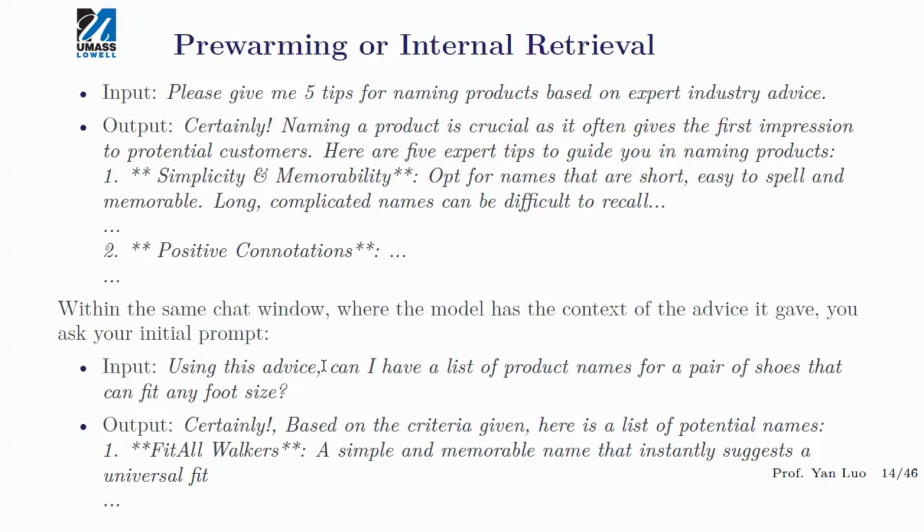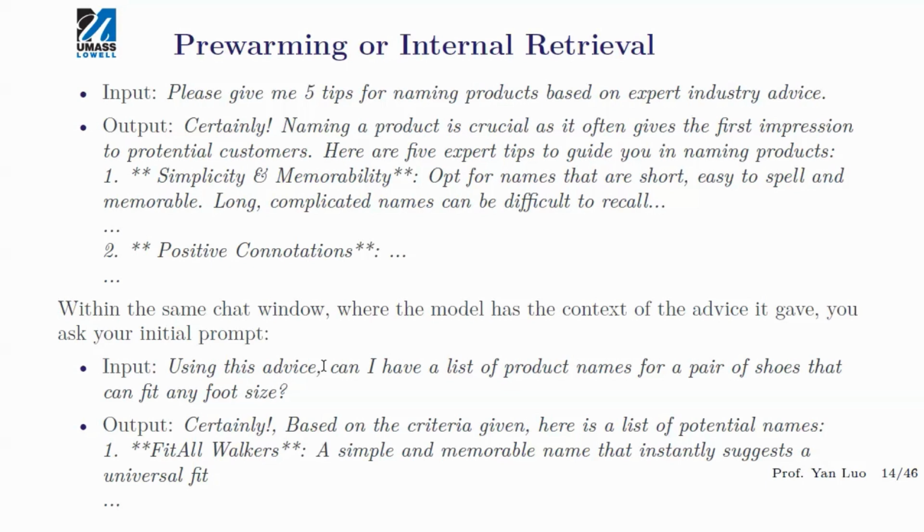Also, you can do some sort of so-called pre-warming or internal retrieval. This example is to show how we can come up with a few prompts that can help us get the final output. And this is called pre-warming. So let's see what we are doing here.